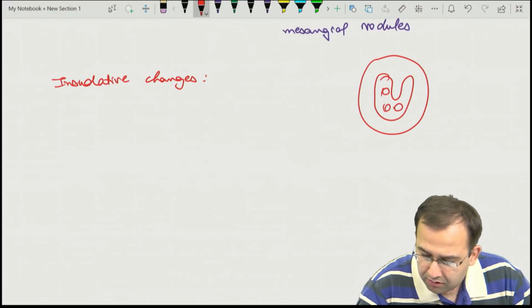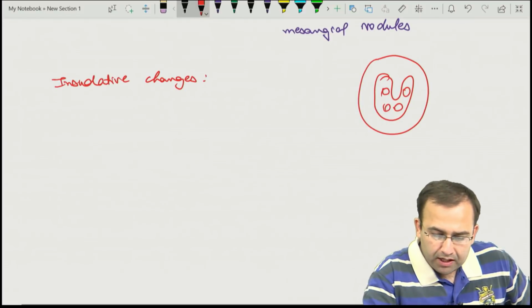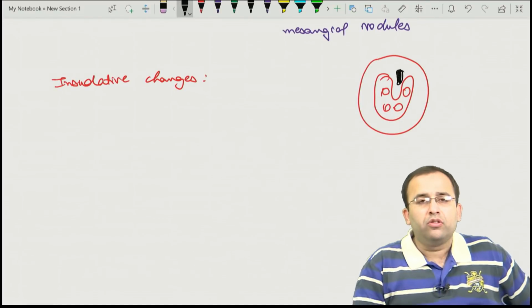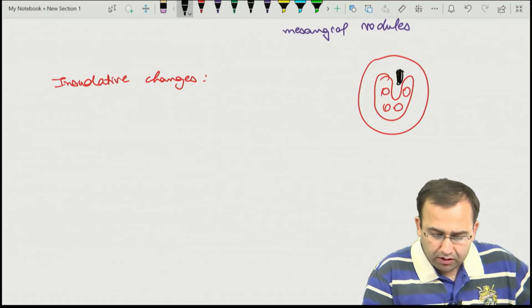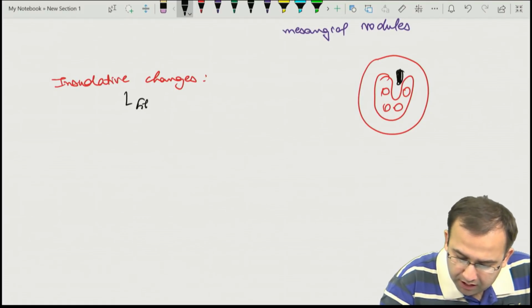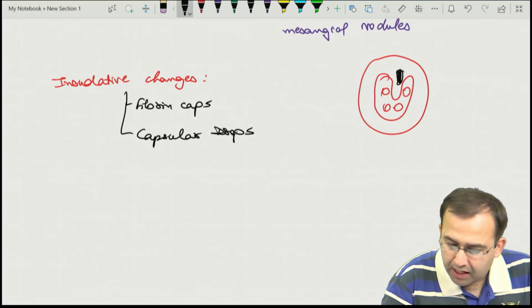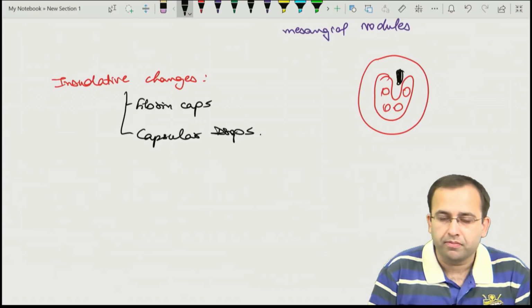The capillaries form a U-shaped structure, and something is entering inside it. It looks like a cap. So the insudative changes with diabetes are fibrin caps and capsular drops.